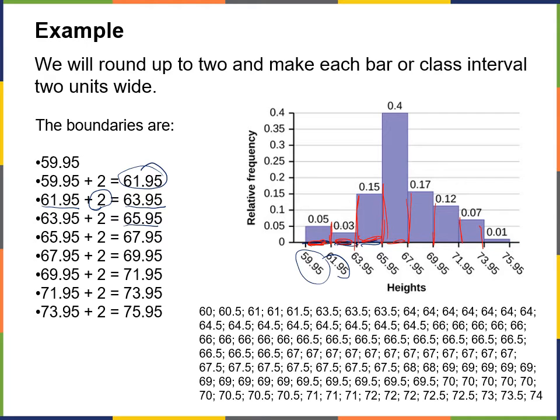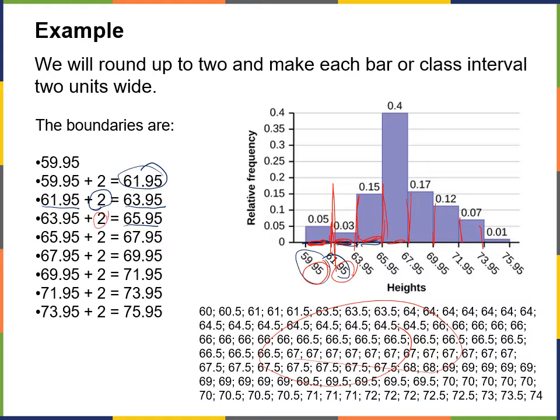And every data value should fall into one of these bars because, again, that's why we used the 2 decimal places. All these data values are 1 decimal place, so we don't have to worry about one of these data values falling in the crack between 2 bars. That was some of the reason for all that nonsense, but that's why we did it.